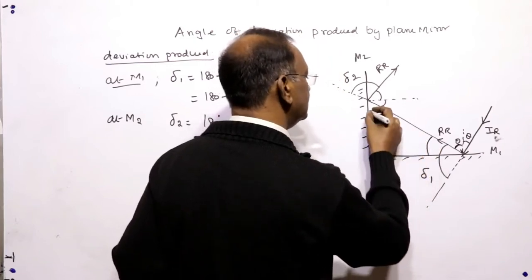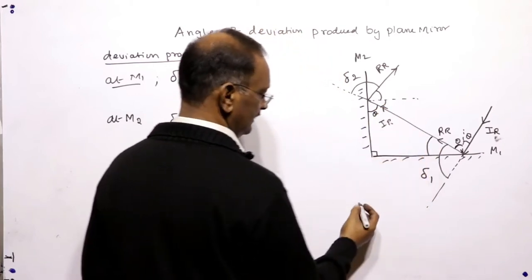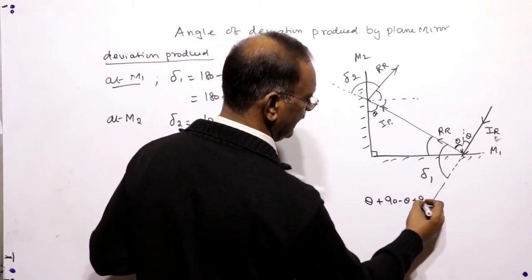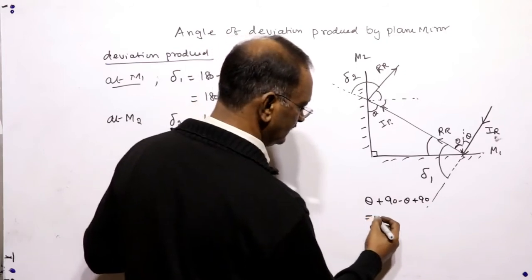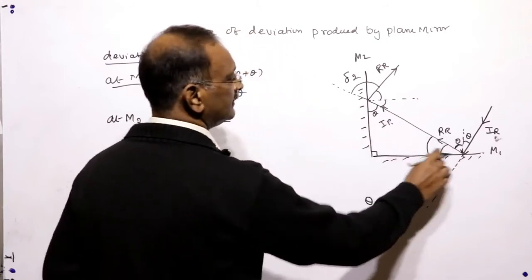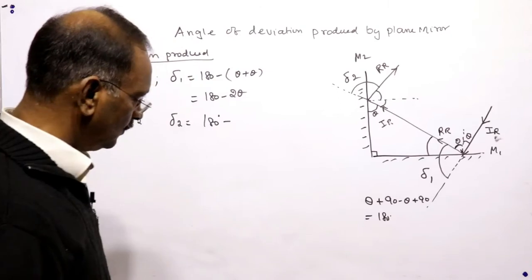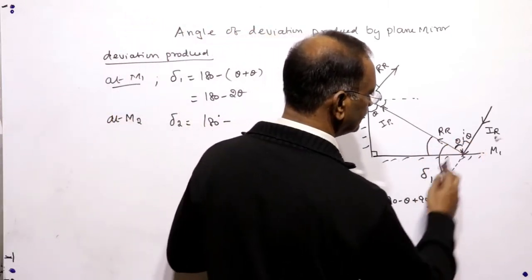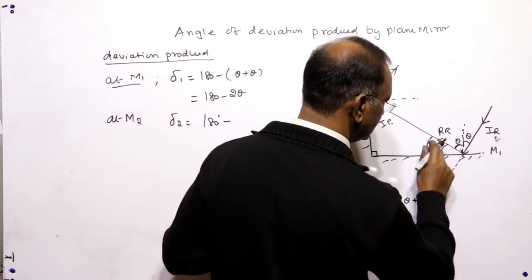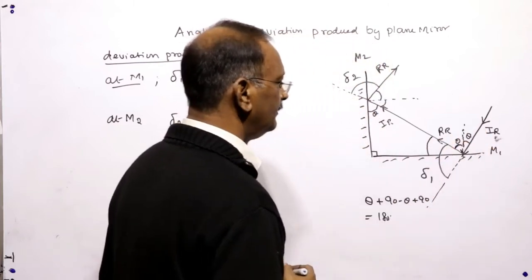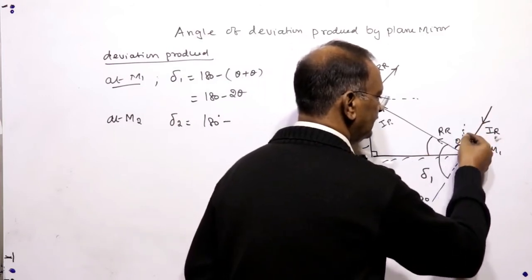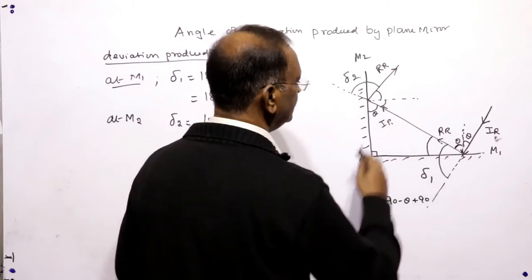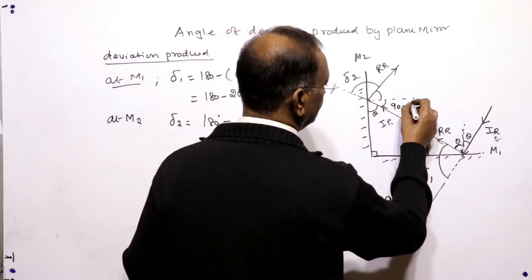If it is 90 minus theta, this will be theta, because theta plus 90 minus theta plus 90 is equal to 180 degrees. The sum of all the angles is 180 degrees.